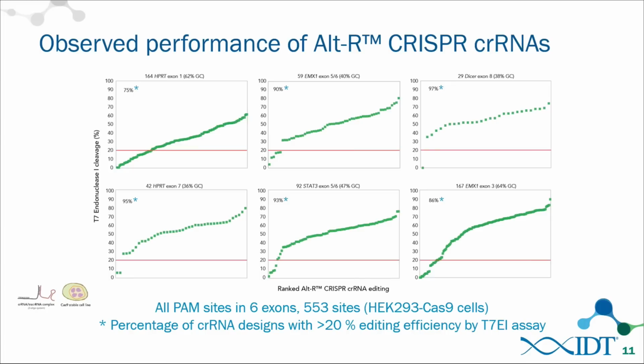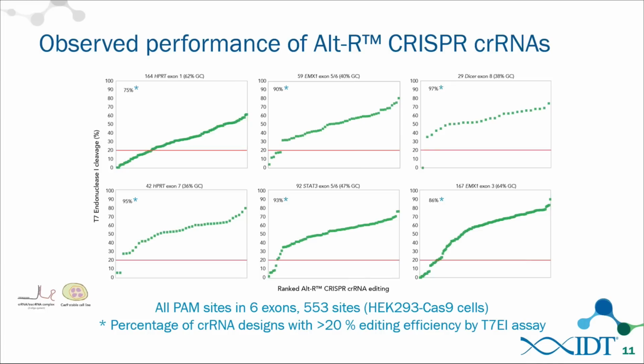And again, I think it bears mentioning that these are not pre-selected at all by any algorithm that would have predicted potent sites. We simply designed PCR assays to be used in the T7 endonuclease mismatch detection assay, and they really represent a random distribution of all sites within those PCR amplicons.